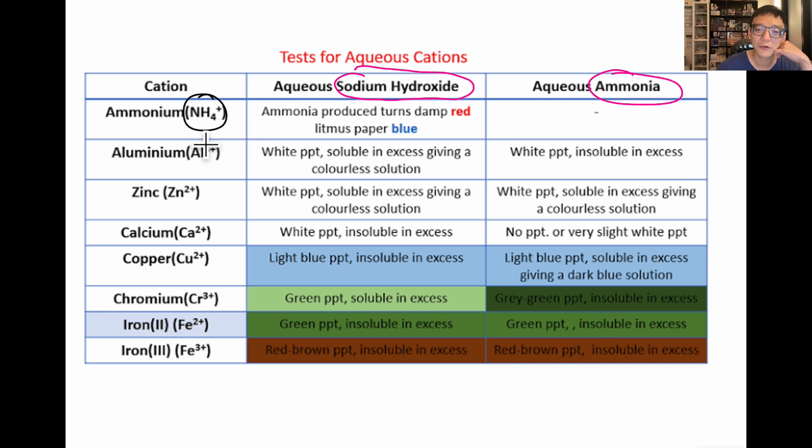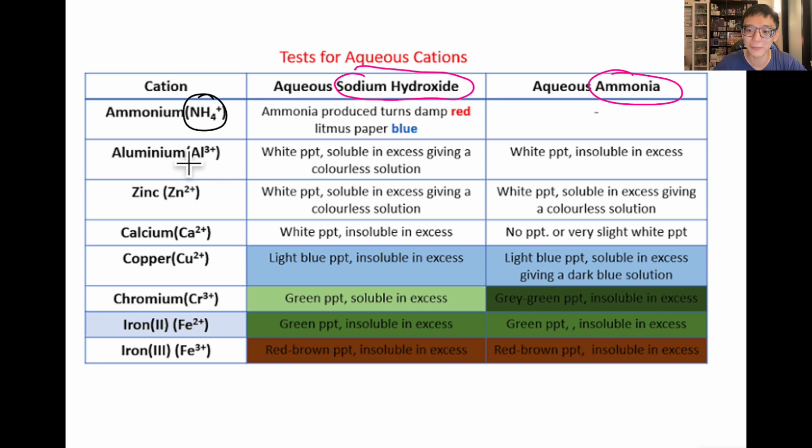If you add sodium hydroxide to ammonium, the solution will become basic. So if you put litmus paper, especially red litmus paper, it will turn blue, because the ammonium solution with sodium hydroxide creates a weak base solution.